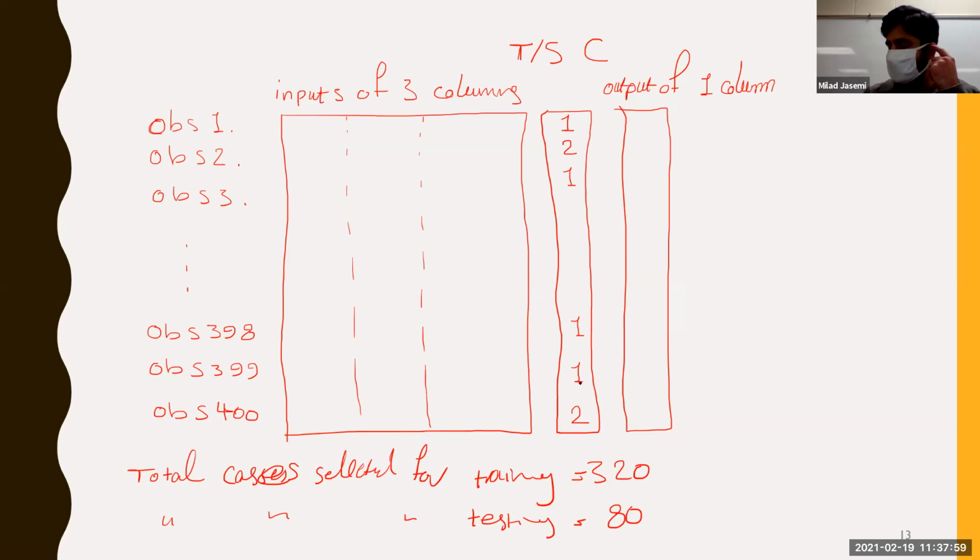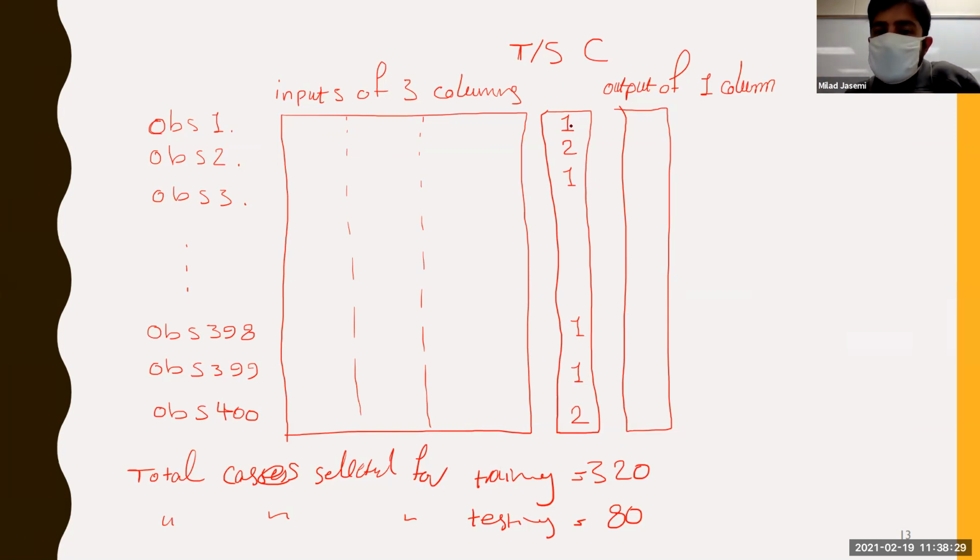This vector contains 400 elements. Each element is either 1 or 2. If it is 1, the associated observation should be in training, and otherwise it should be testing. And also we know the number of ones is 320 and the number of twos is 80.